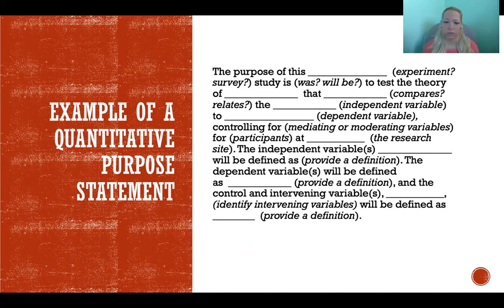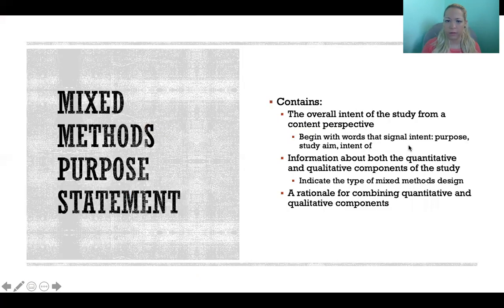So then you're going to identify your intervening variables will be defined as, and give your definition. Okay, so you may not have intervening variables, or this may not all apply to you in your study. So get rid of those if it doesn't apply, or there might be more than this that you need to include. So include what you need, but this is just to give you an idea of what that purpose statement could look like.